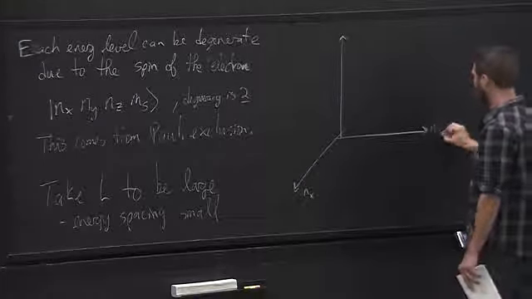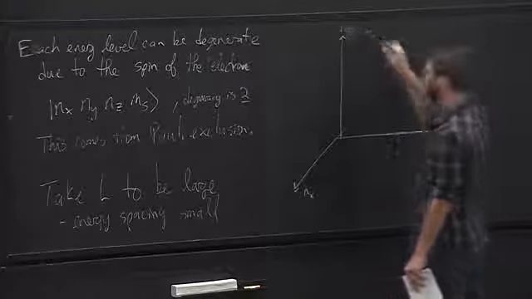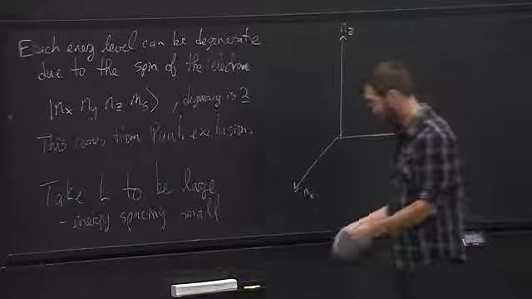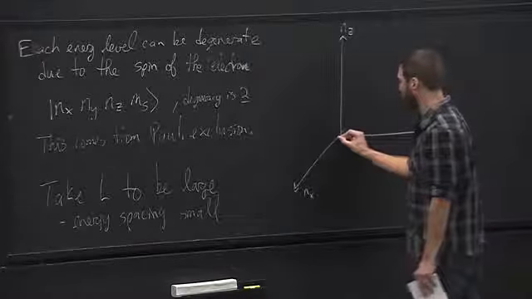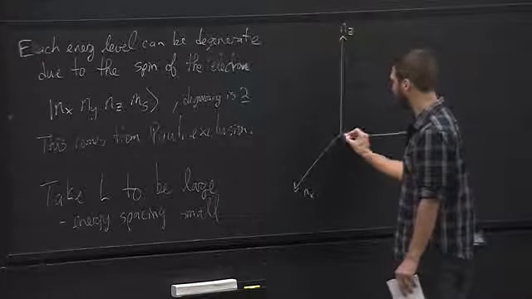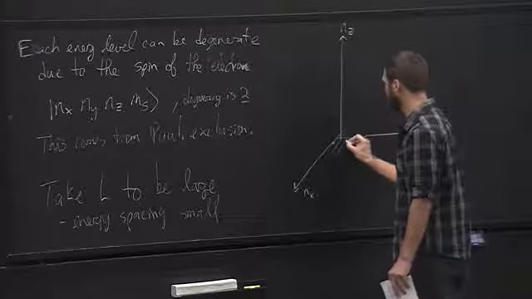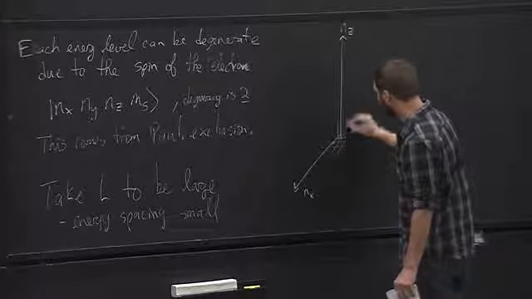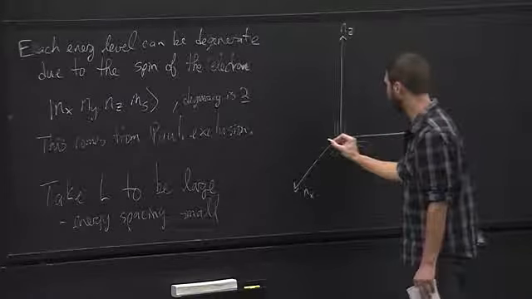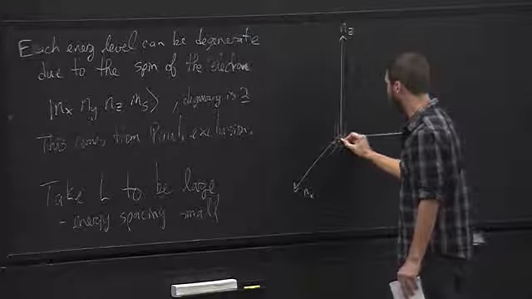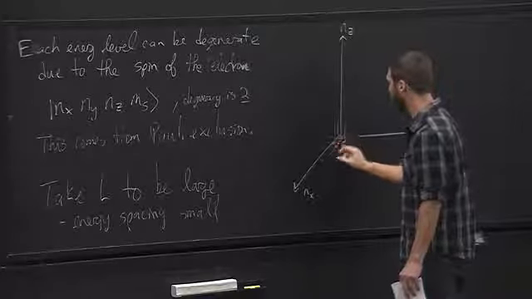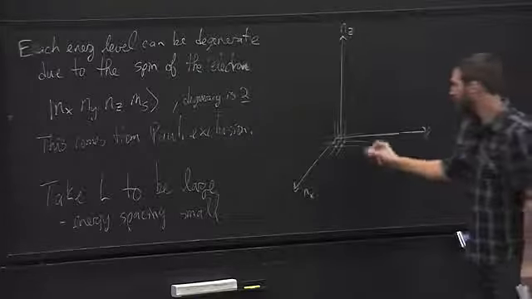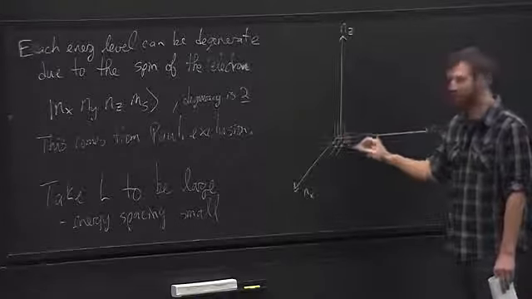This is kx, ky, kz, which is proportional to nx, ny, nz. I can imagine filling in 2 electrons along the x direction, along the y direction, along the z direction. Because their energy is proportional to k squared, or n squared, I'm starting to fill up these energy levels near the origin first.